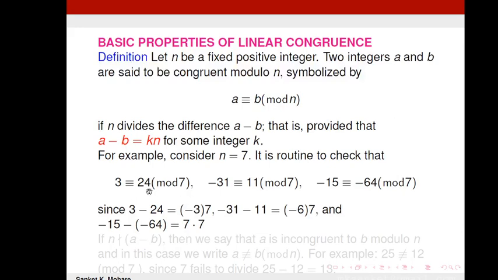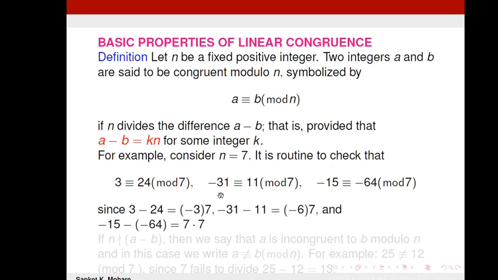The difference of these two integers, 3 minus 24, is equal to minus 21, and 7 divides minus 21. So therefore 3 is congruent to 24 mod 7, and we write this difference in this form to find the value of k. So 3 minus 24 is equal to minus 3 into 7. Here the value of k is minus 3.